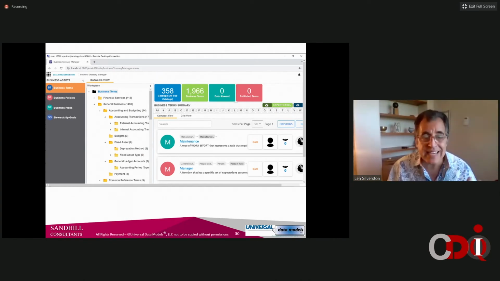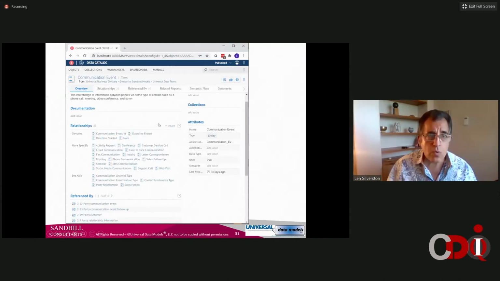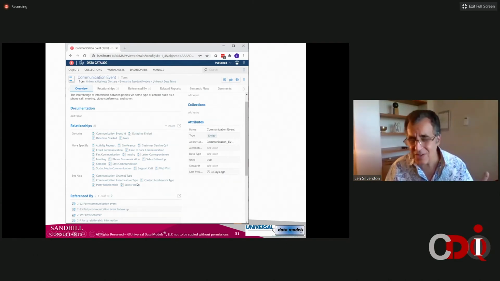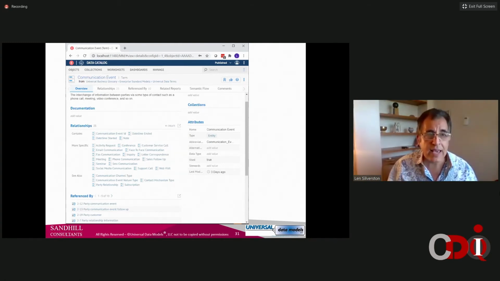And then we'll define these in context. So when we say a maintenance, we know this is in context of fixed assets. Or when we say something like a communication event, it's not only a good definition, the interchange of information between parties, but it's what are the various relationships. This is the Talend data catalog. So basically this repository, we can store in any catalog. We're not promoting any specific catalog, just showing examples of different data catalogs.